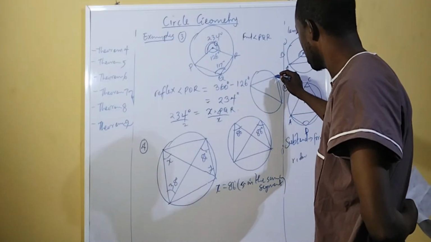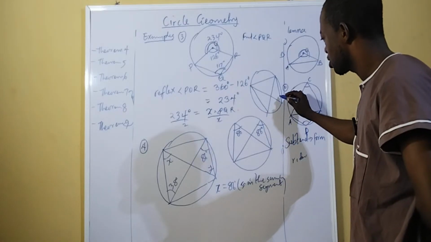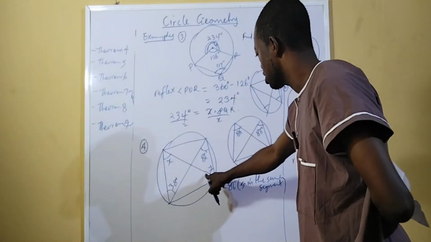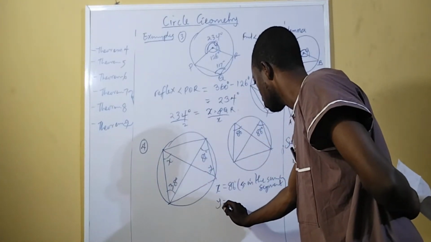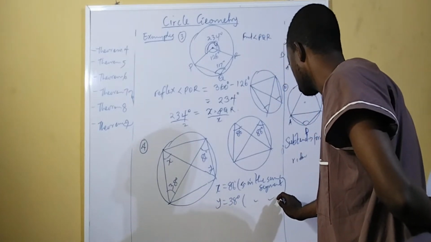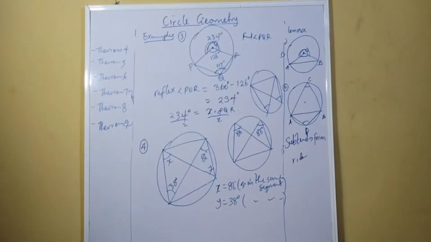One here and another one here. So whatever this angle is, this angle also will be. So this is 38 degrees. This is y. So we can say y equals 38 degrees. So also same reason, angles in same segment. So that is the application of the second theorem.